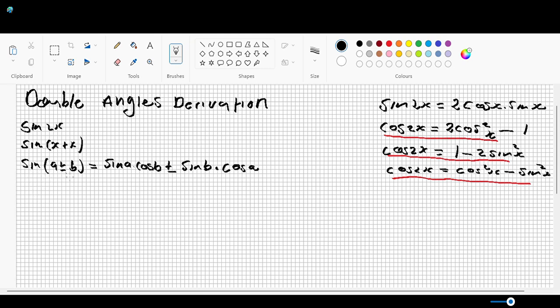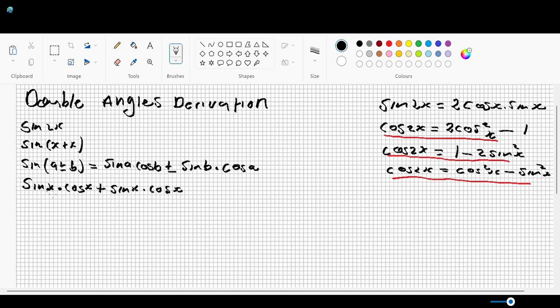But now look at this, guys. This one has sine of x plus x. So if we use this formula for sine, A is x multiplied by cos, and in the same case B is x. Since we have positive here, this is going to be positive as well. And then this is going to be sine x multiplied by cos x.